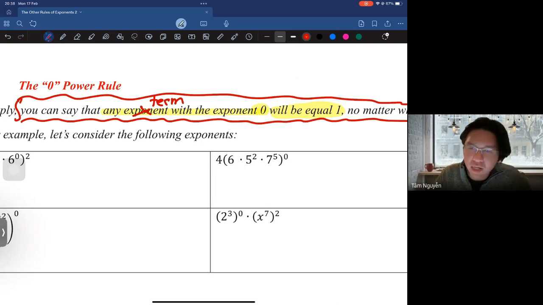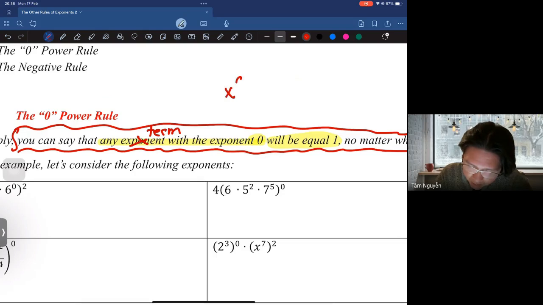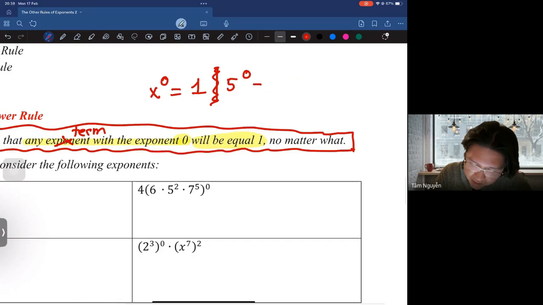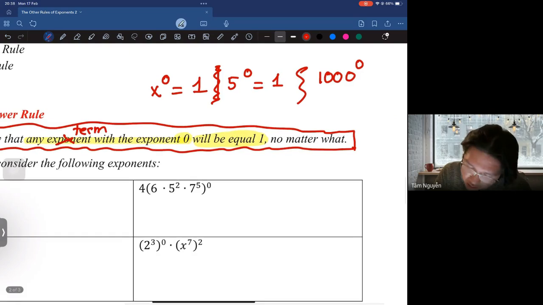If you have the power zero, it will automatically turn to 1. So if you have x to the power of 0, it automatically turns to 1. You have 5 to the power of 0, it turns to 1. You have 1,000 to the power of 0, it also turns to 1.